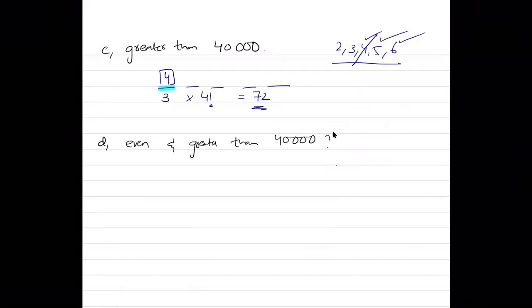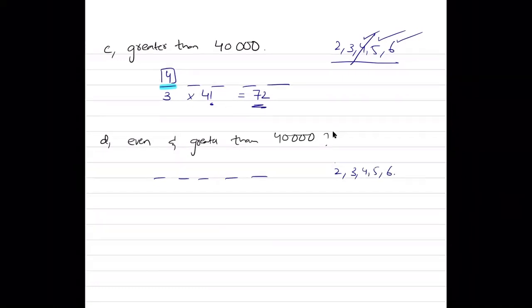I want the number to be greater than 40,000 as well, and it needs to be even as well. So you need to pay attention over here now. It is a 5-digit number. You're always going to deal with this restriction first. There are two restrictions given: the number should be even and greater than 40,000. The digits are 2, 3, 4, 5 and 6.